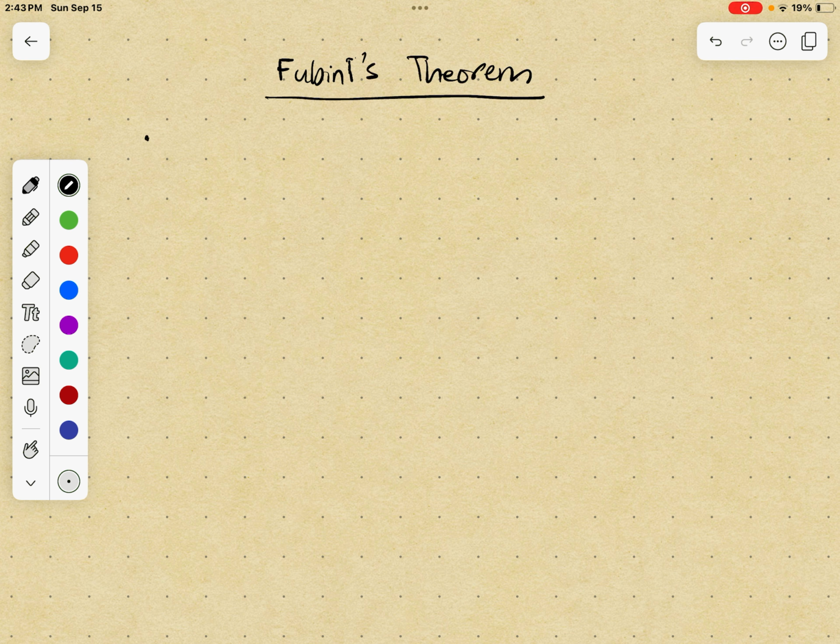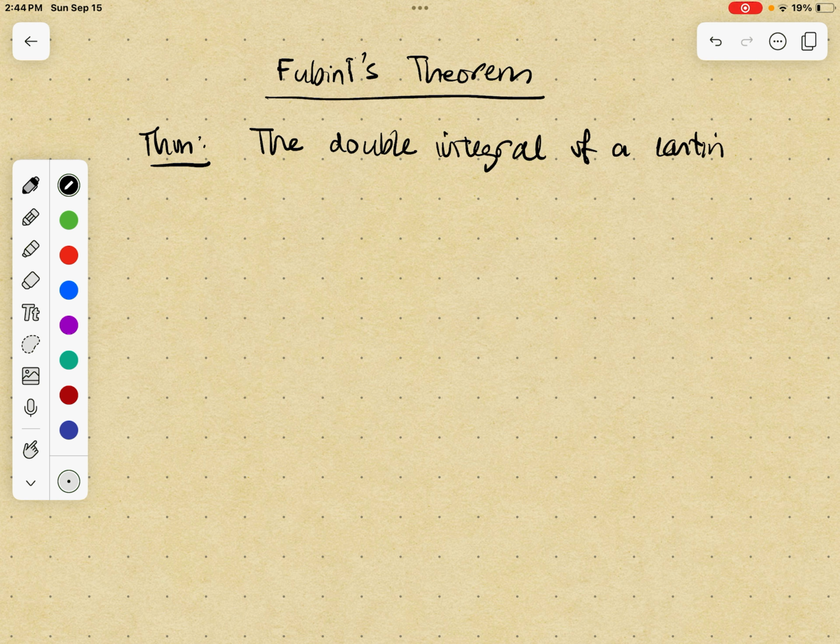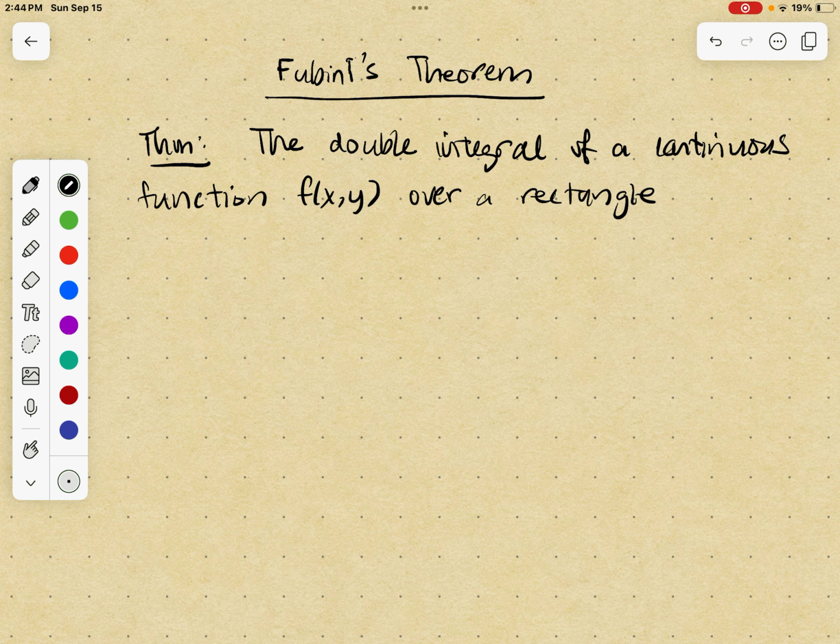Fubini's theorem says that if you have a continuous function f of x, y, the double integral of a continuous function over a rectangle R, let's say the rectangle is [a, b] cross [c, d].